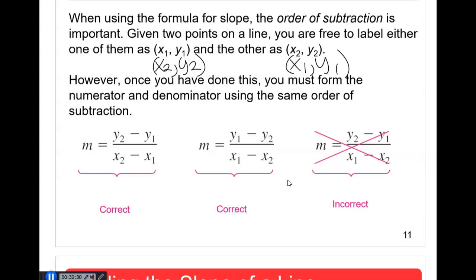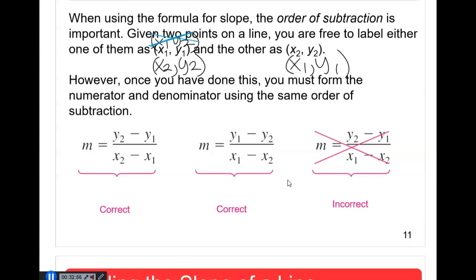So when we have actual numbers, you could label them whatever you want, as long as you don't mix and match. What we mean is, don't call this point x sub 1 y sub 2. That will not be okay. So the two subscripts need to be exactly the same.